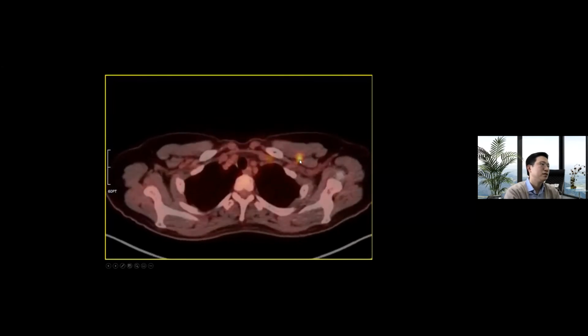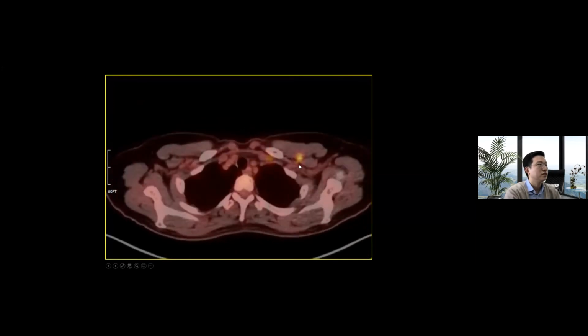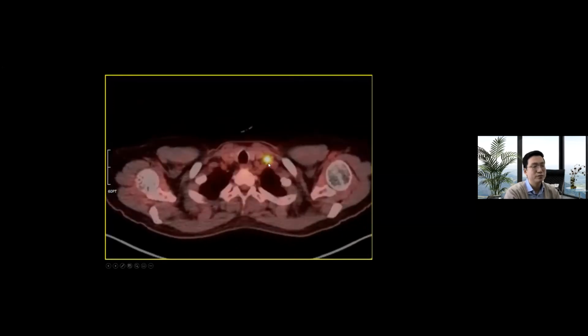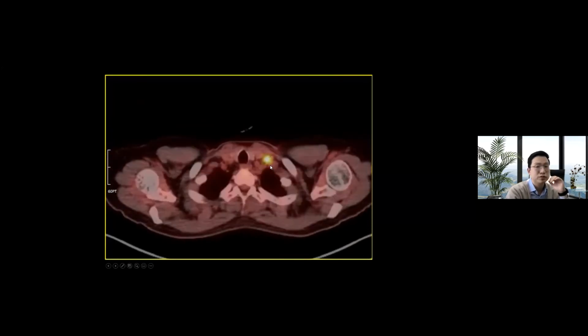I can say level 3, I guess, but it's not important because there is another lymph node metastasis in the supraclavicular area. Then it's already N3 disease.